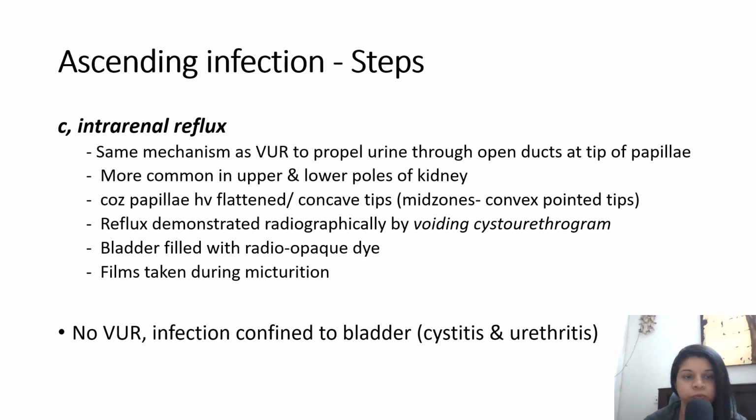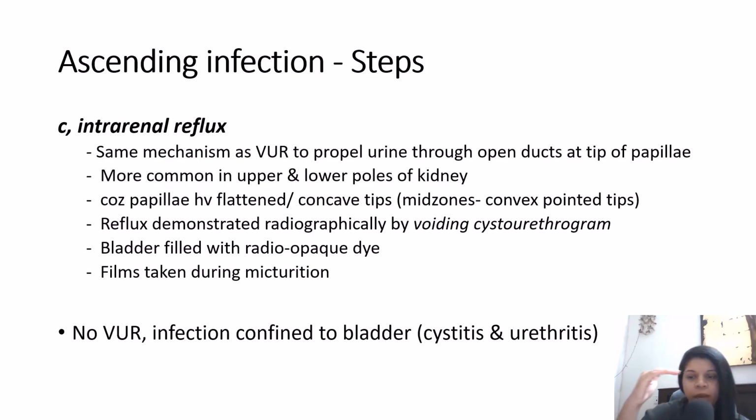So intrarenal reflux, as I already said, occurs where the renal papillae are open. So from the papillae it goes to the collecting duct, DCT, loop of Henle, PCT, etc. In the kidney, it mainly affects the upper poles and lower poles. Why?